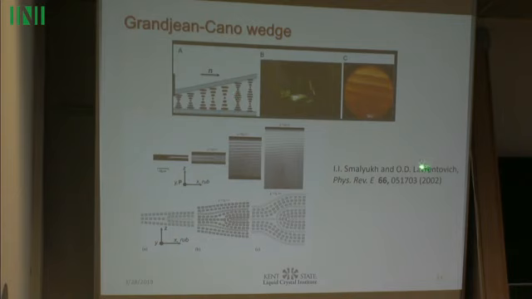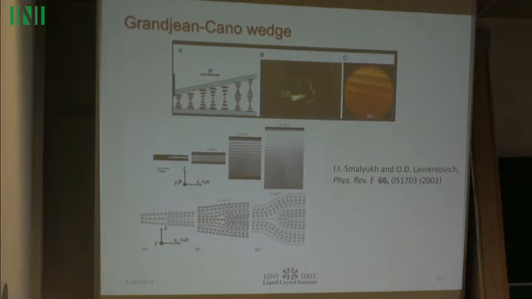And Oleg and Ivan Smalyukh did some really beautiful experiments studying what happens between these regions where the thickness is commensurate with the pitch, and one sees really interesting structures, both dislocations and disclinations, that have been really beautifully studied and analyzed in this paper.